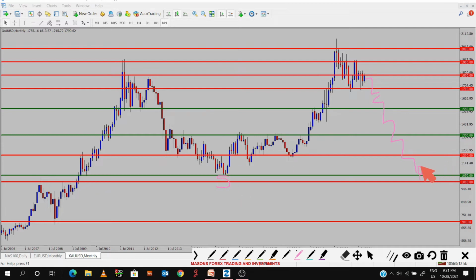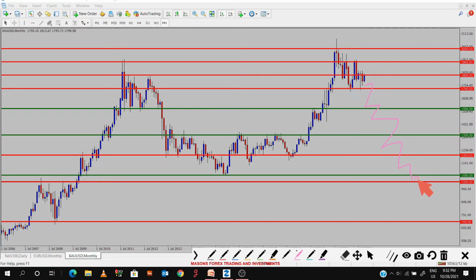Should I have a pin bar followed by an engulfing bar, this could potentially signal me to buy and for price to reach 1,200. Let's look at price crashing to the 1,000 level.